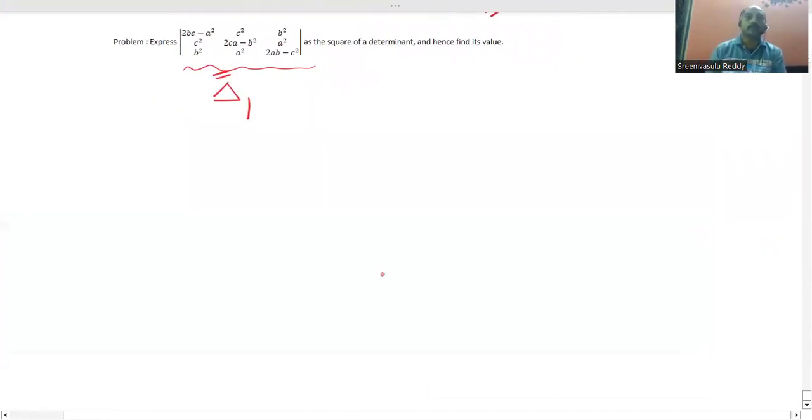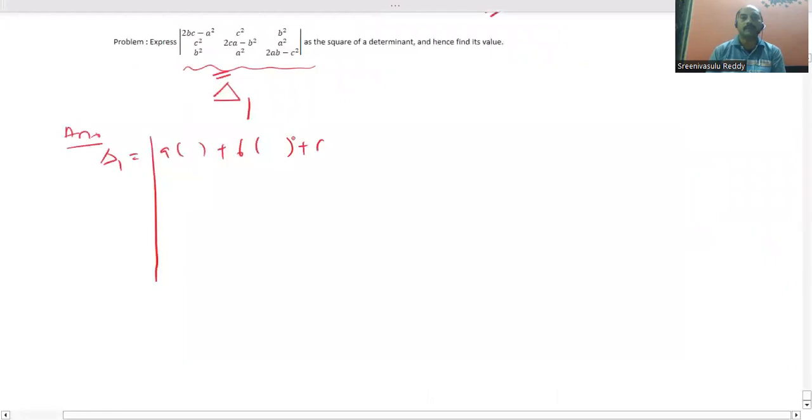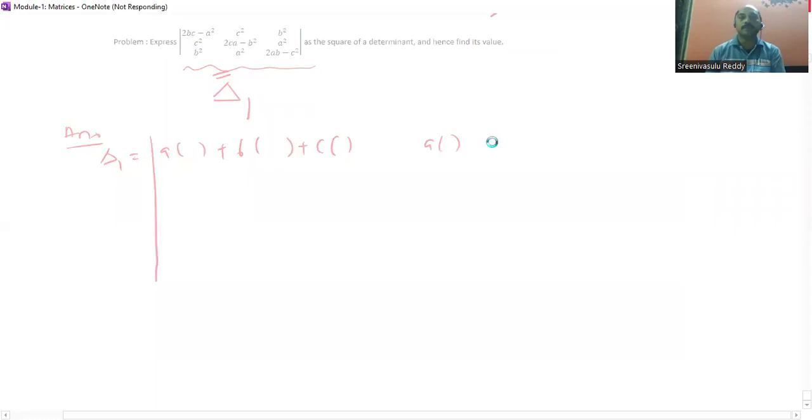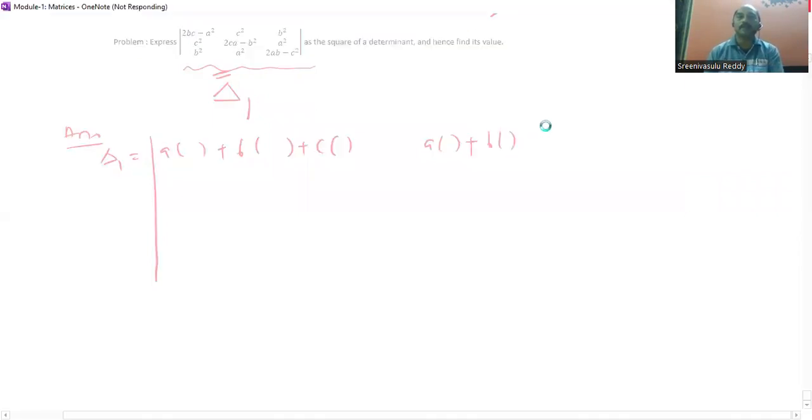Answer: del 1 equal to A, B, C into something. You write down the first row the same. In the braces, we fill the values such that we get our given determinant value. Later you will realize how to write this as a product of two matrices.